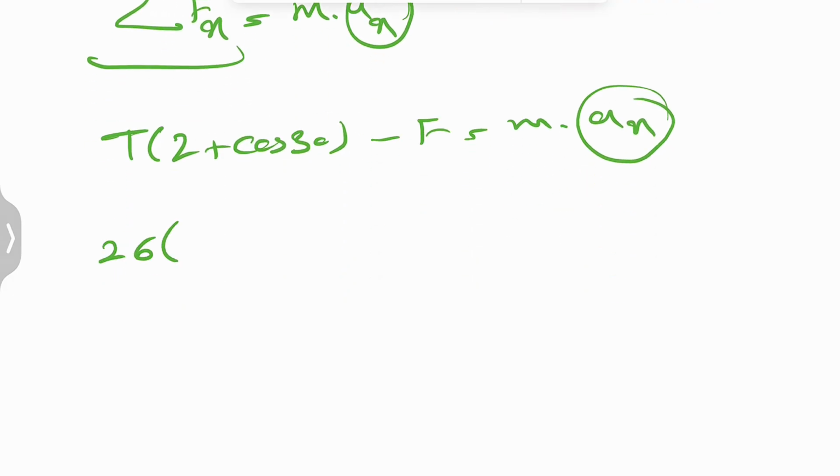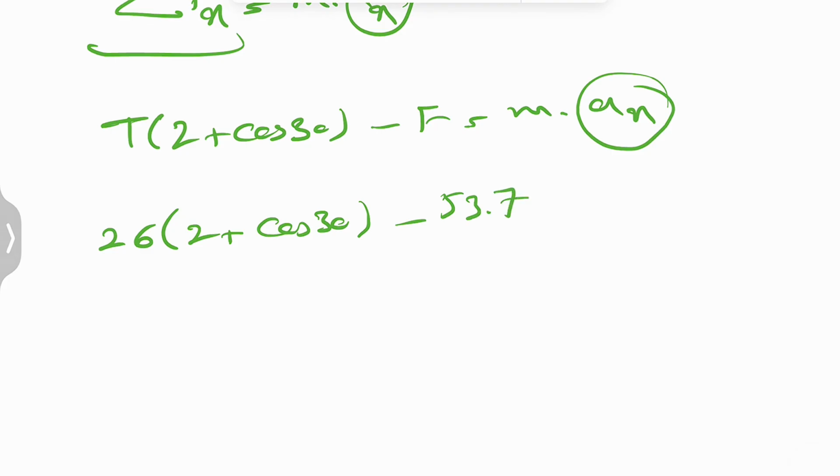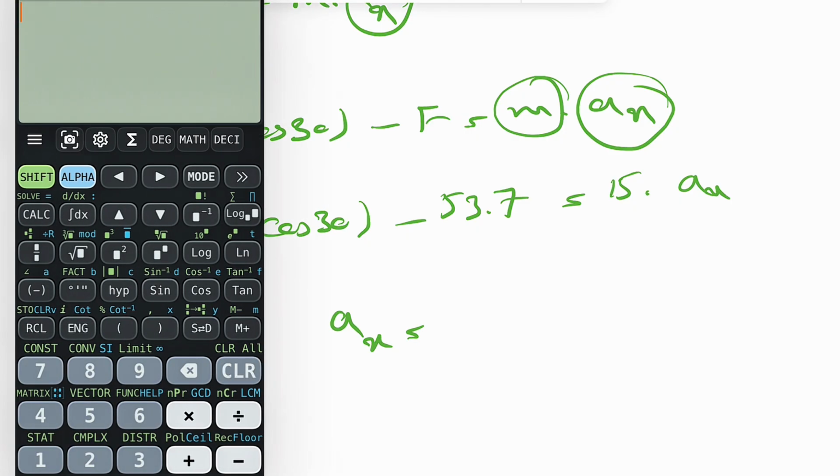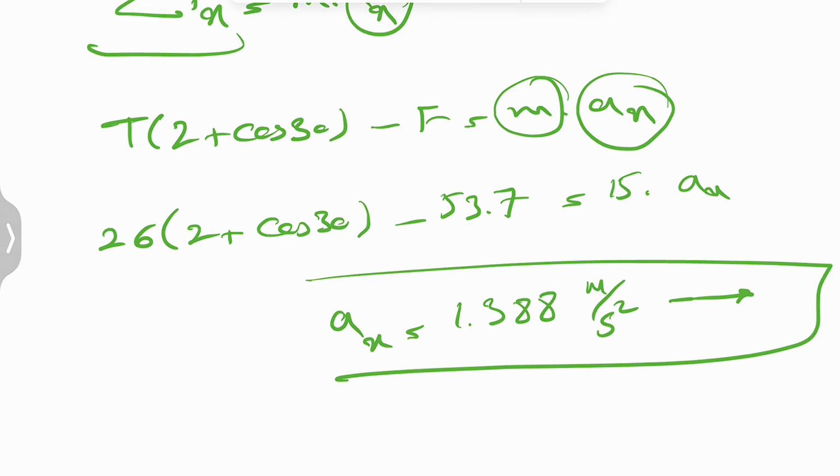T is 26, times (2 plus cosine of 30), and F is the F that we found, 53.7, and the mass is 15 kilograms times a. So it's going to be 26 times (2 plus cosine of 30) minus 53.7, divided by 15, and the acceleration would be 1.388 meters per second squared, and it's going to be to the right because the box is moving to the right.